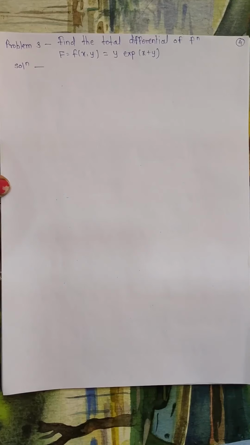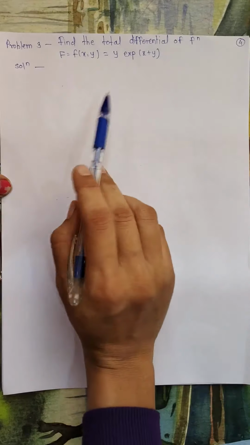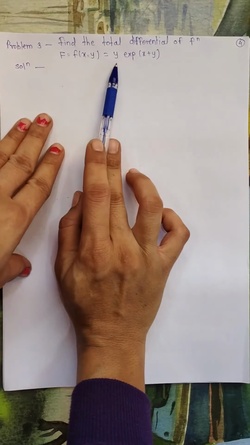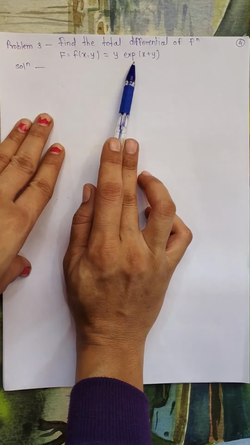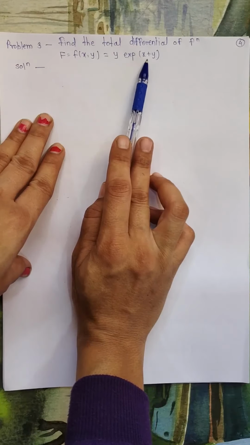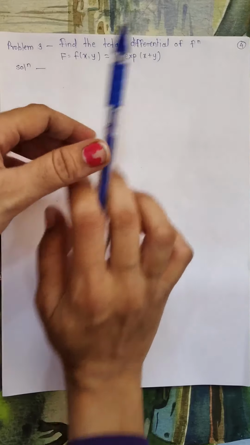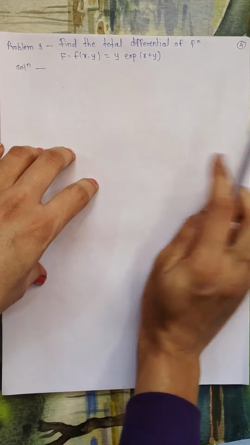The problem based on total differential is given in the book, that is problem number 3. Find the total differential of a function f of x, y which is given as y times exponential of x plus y, that is e raised to x plus y.